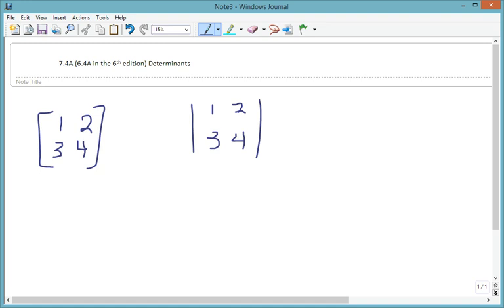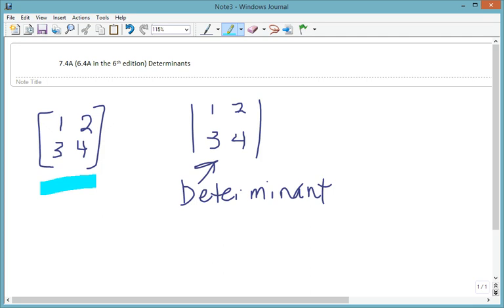That's how we write it. So when it's just the straight line and it's not in at the end, this is the determinant. That's what that means, that you would find the determinant. Now, this is a matrix, right? This is a number. Okay, we've changed it into a number.